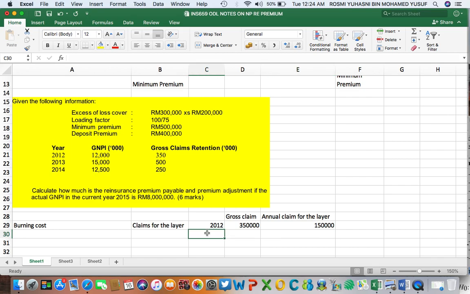Repeat the same thing with 2013. Gross claim is 500,000. So the annual claim for the layer, in other words the total amount of claim paid by the reinsurer, is 500,000 minus 200,000, which is 300,000. For 2014, gross claim is 250,000.